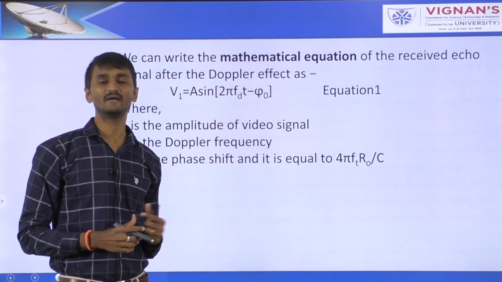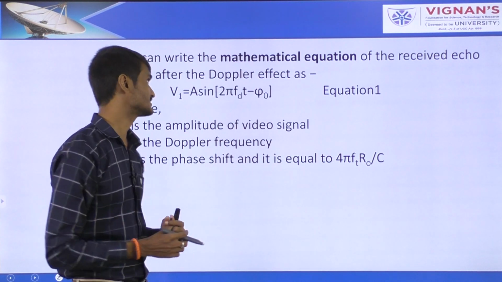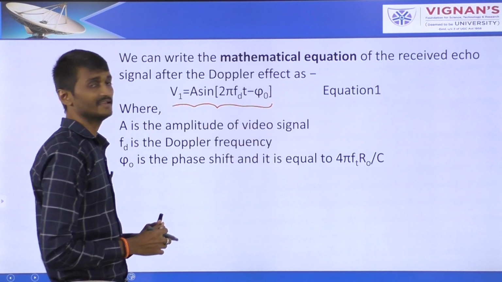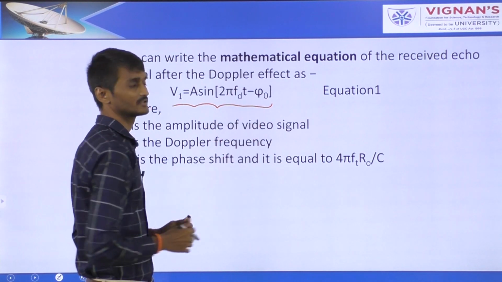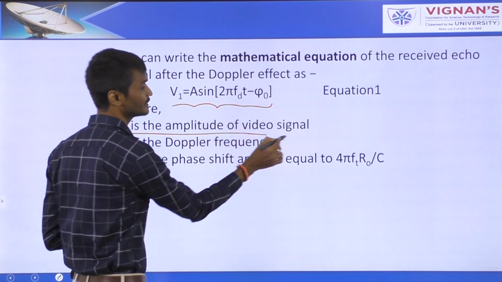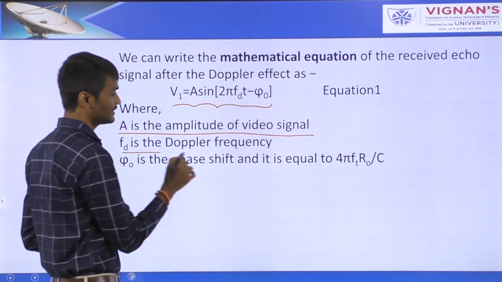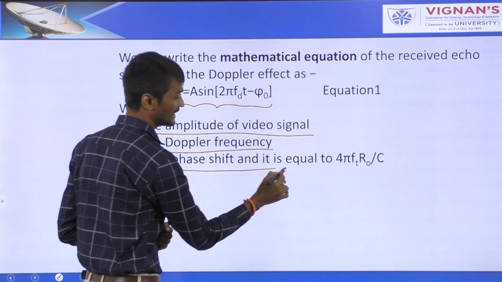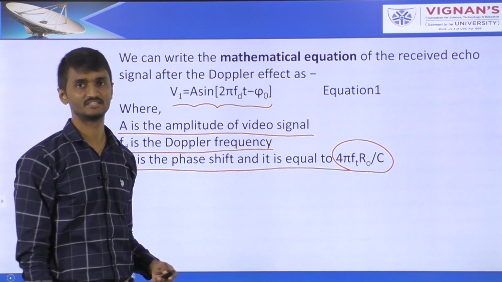We can write the mathematical equation of the received echo signal after the Doppler effect as V1 equals A sin(2π fd t minus φ0), where A is the amplitude of the video signal, fd is the Doppler frequency, and φ0 is the phase shift, equal to 4π f r0 by c.